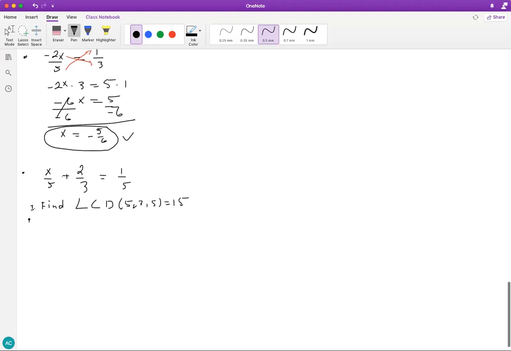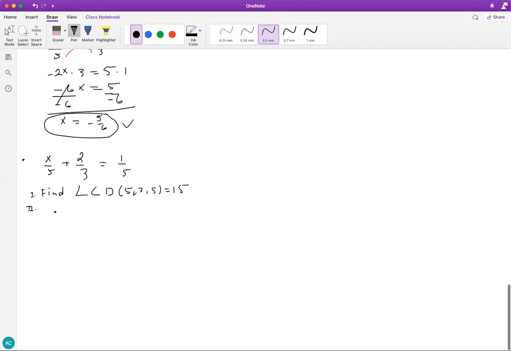Number 2, we want to use that LCD to cancel all these fractions. Basically, we're going to multiply all by the LCD. By all, I mean all these fractions.